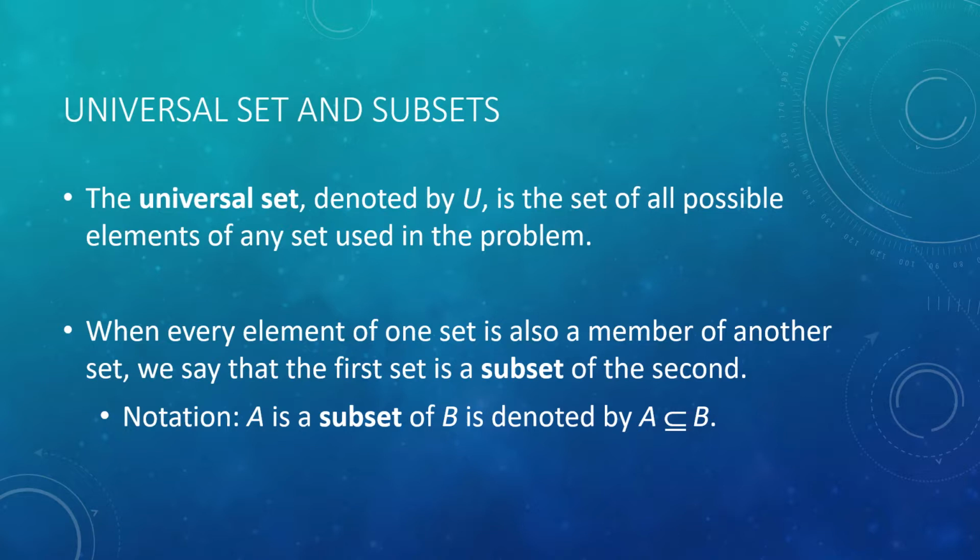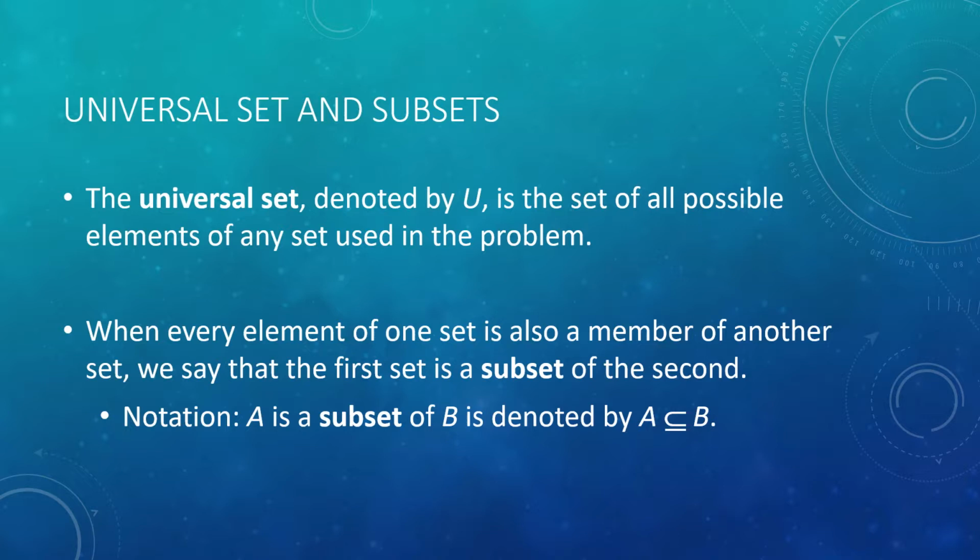Now, it says when every element of one set is also a member of another set, we say that that first set is a subset of the second set. Let me say that again. If you have a set and every element of that set is also a member of another set, we say that that first set is a subset of the second.